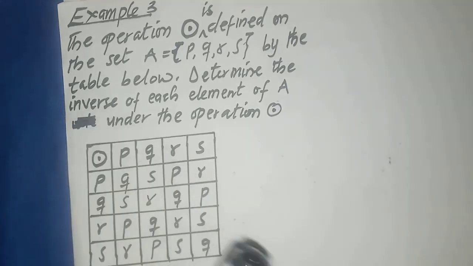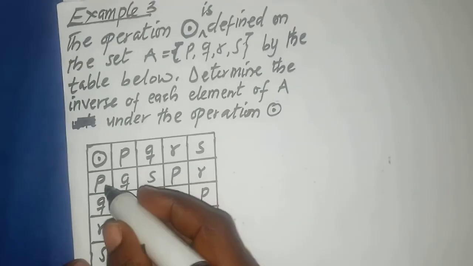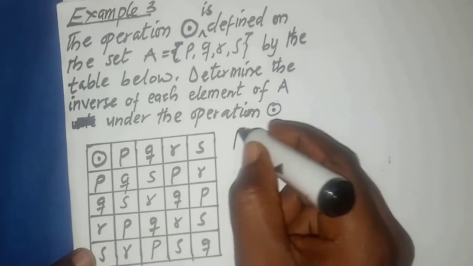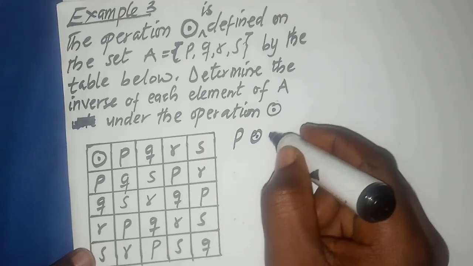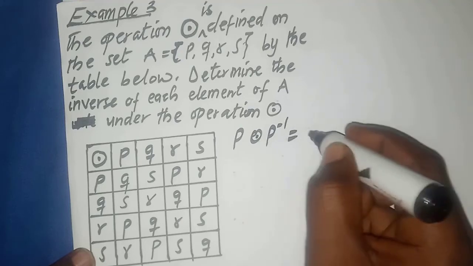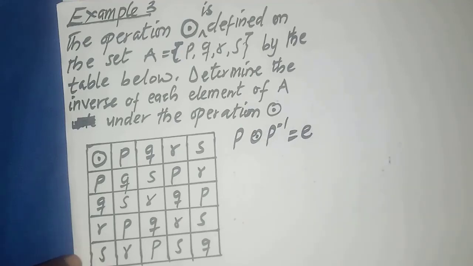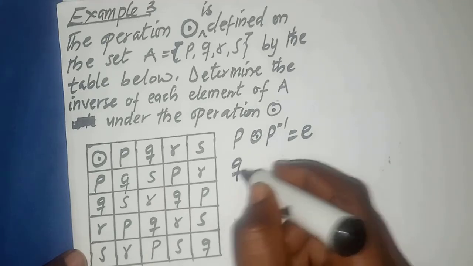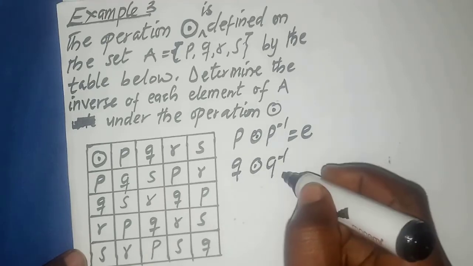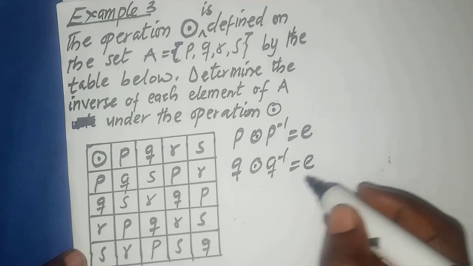Now, for example, if we pick the element P, P operation the inverse of P should be equal to the identity element. The same way, Q operation the inverse of Q should give us the identity element.